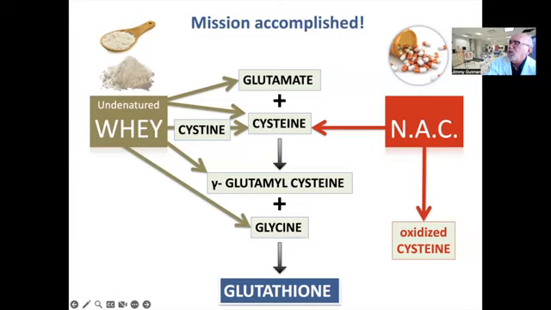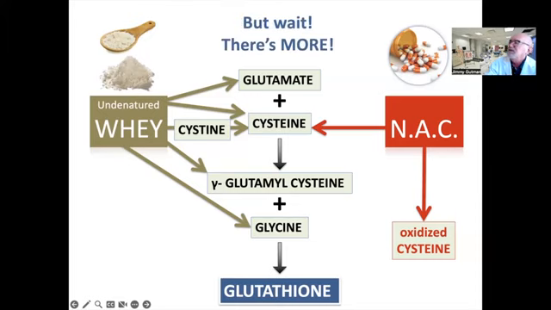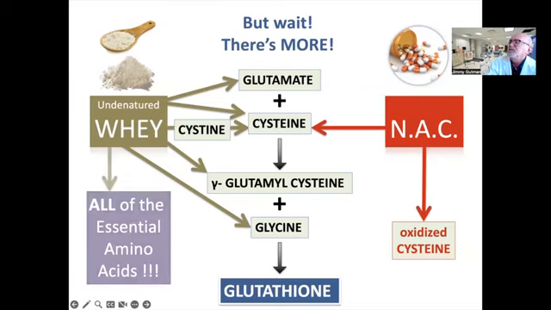So you see, whey protein isolate fills in many more of these steps than does NAC. It's critical. But wait, the differences continue between these two. Whey contains all of the essential amino acids needed by humans, all of them. NAC provides none of them, none of them.